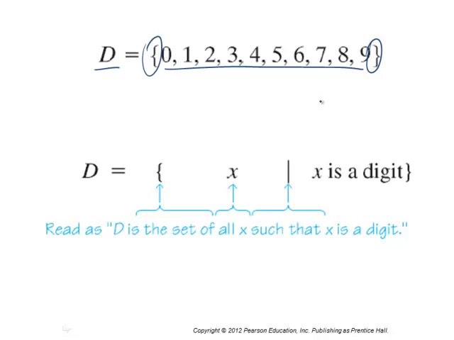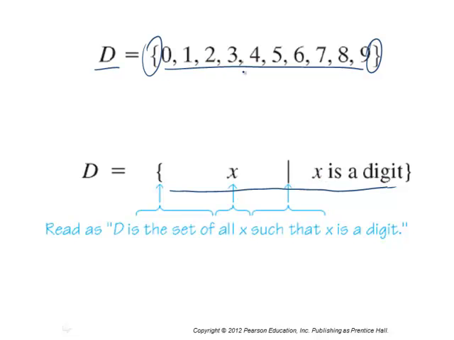We could also specify a set by saying that the items have to satisfy some sort of property, in which case we can use this sort of set builder notation. So for example, here we say that D is the set of X such that X is a digit.